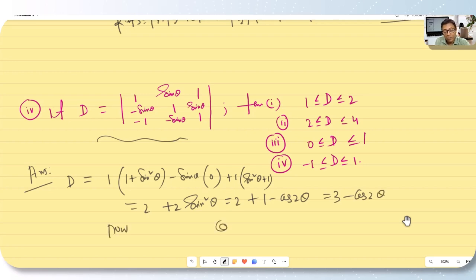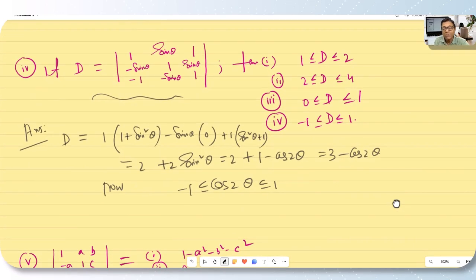Now cos 2 theta is less than or equal to 1. So this implies minus cos 2 theta is greater than or equal to minus 1 and less than or equal to 1. Therefore, you add 3 on both sides.